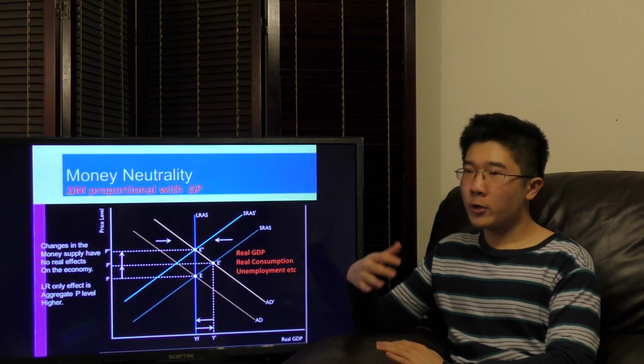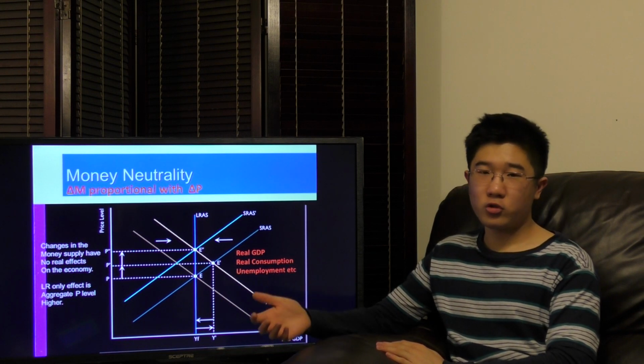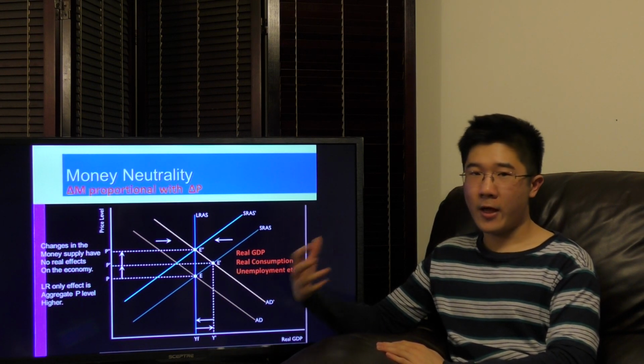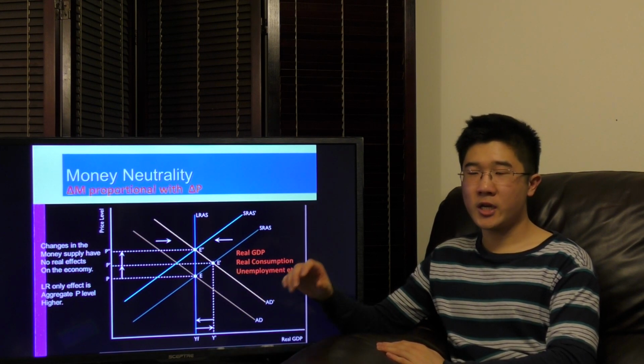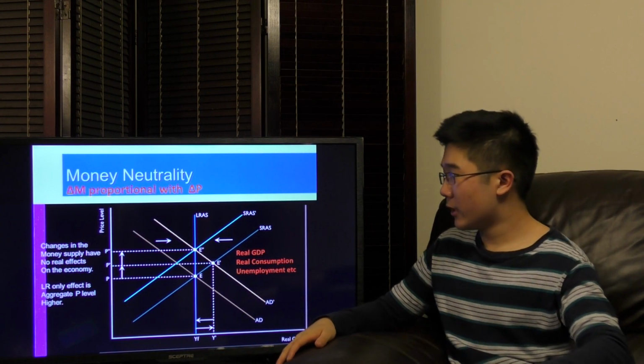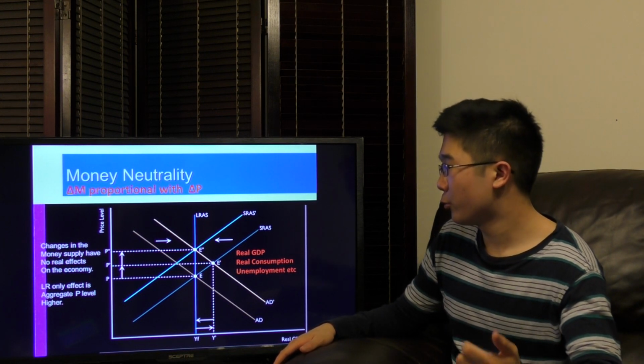So what we're getting with monetary neutrality is that a change in money supply is proportional to a change in price level, and that's mainly all it affects in the long run. Changes in the money supply in the long run have no real effects on the economy.